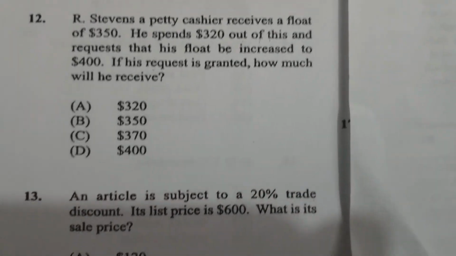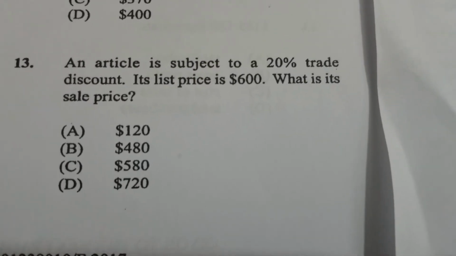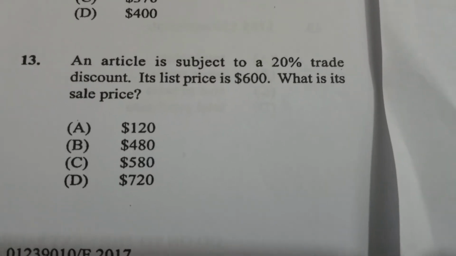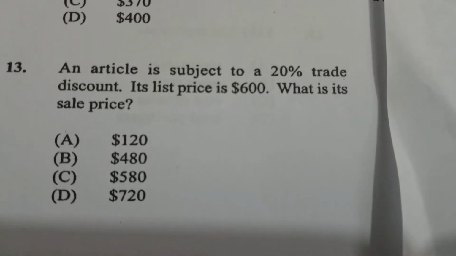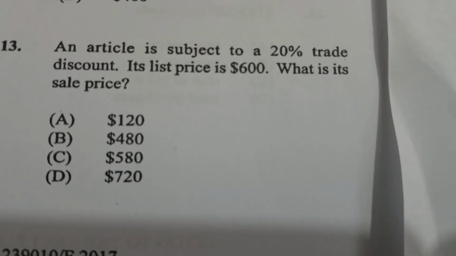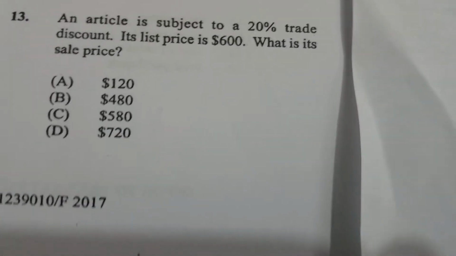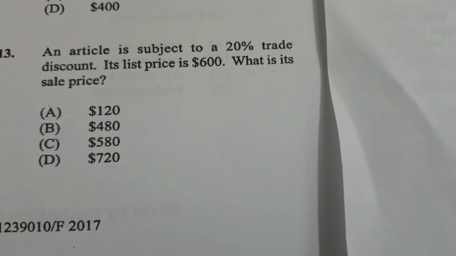All right. Let's go to the next question. Next question says, an article is subject to a 20% trade discount. Its list price is $600. What is the sale price?